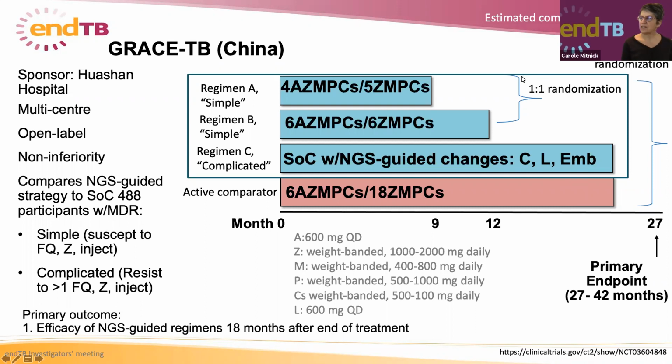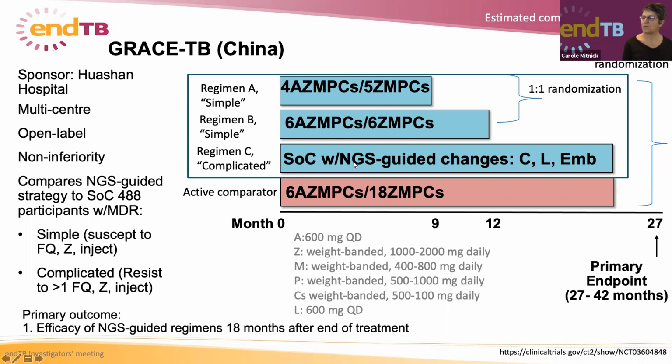And then there's a second randomization when the sequencing results are available, and for patients who are designated as having simple MDR, that is MDR susceptible to quinolones and pyrazinamide and the injectable, they get randomized 1:1 to these 2 strategies. It's basically a 4-month version and a 6-month version of the same regimen.